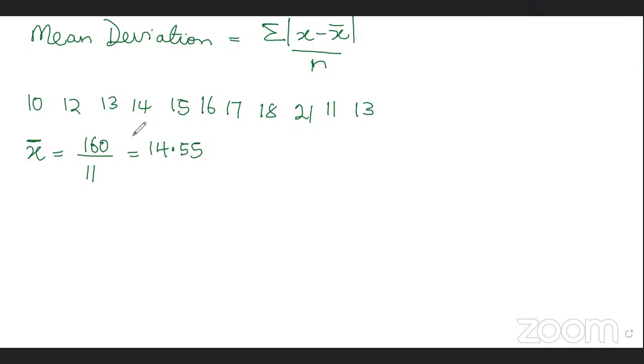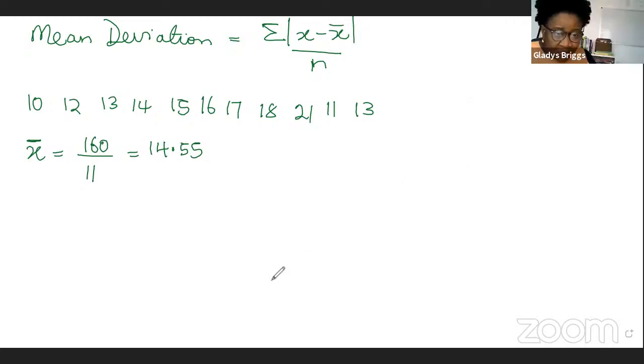So now you want to do a little table so that you can sort out this x minus x bar and all that. You got your x bar to be 14.55. This is your x and this is your x bar. Then you want to take the absolute value of x minus x bar.